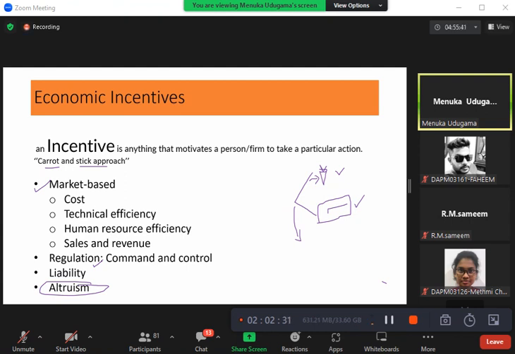It's purely out of altruism, out of good faith. For example, if I have a food producing company, I produce quality, healthy, nutritious food because I care about the people, I care about the environment. So I do it not for any benefits, but only because I care about something. That's called altruism. So these are all economic incentives.